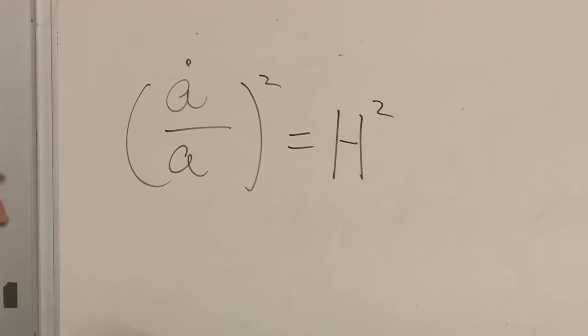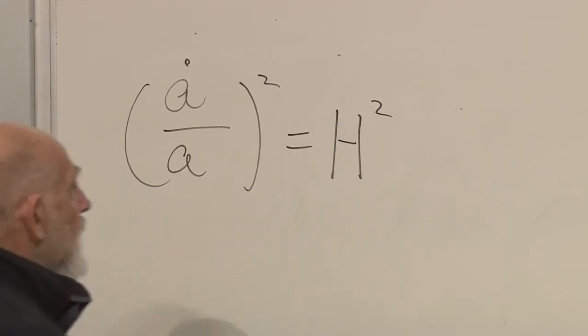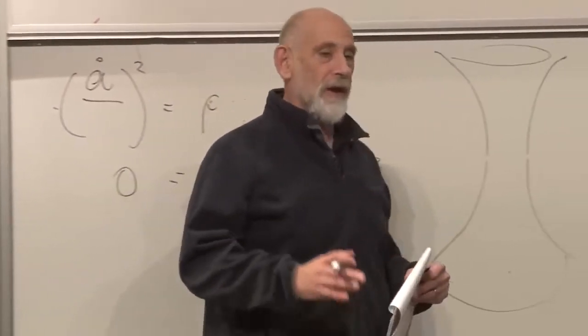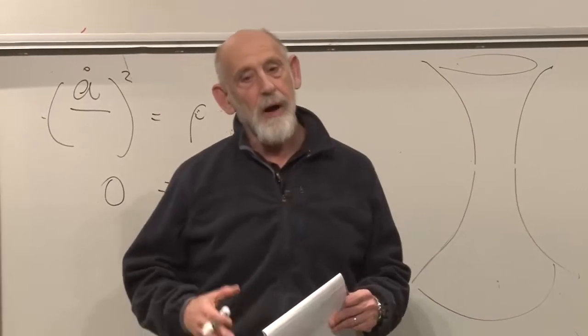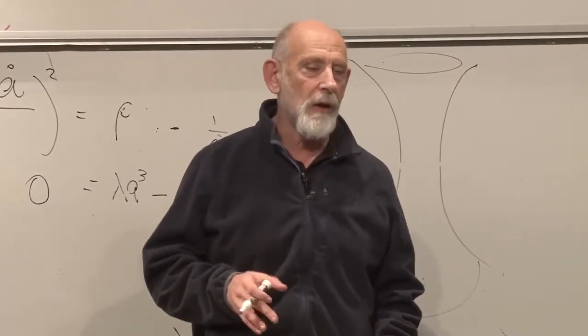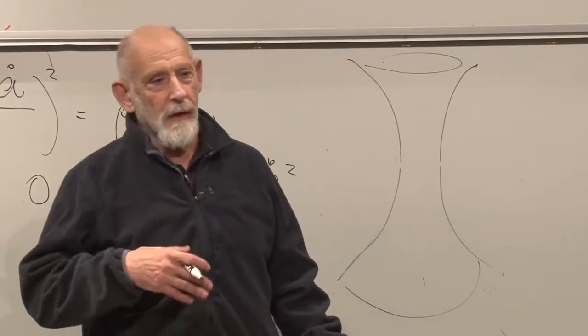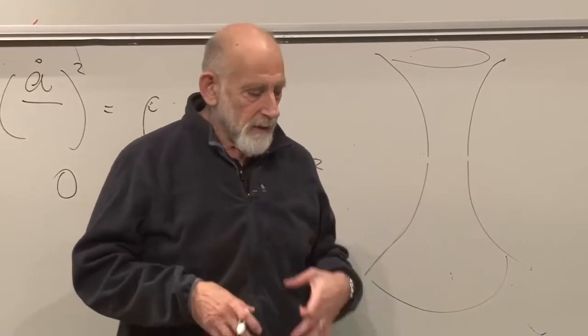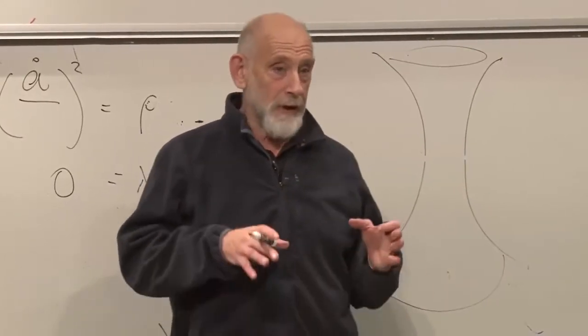And I suppose you could call its value today, at the present time, the Hubble constant, keeping in mind that it's not a constant. But when people quote the Hubble constant as so many kilometers per second per megaparsec, or whatever it is, they're quoting the value of the Hubble function today.